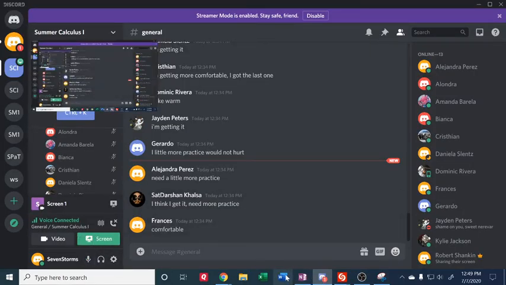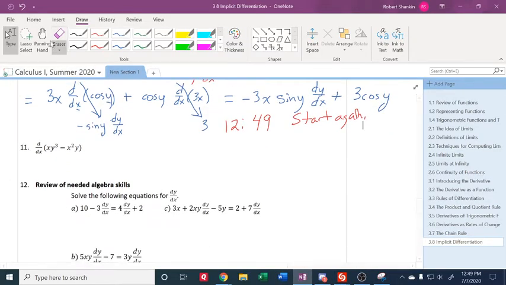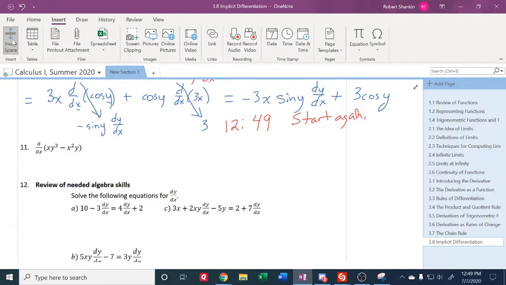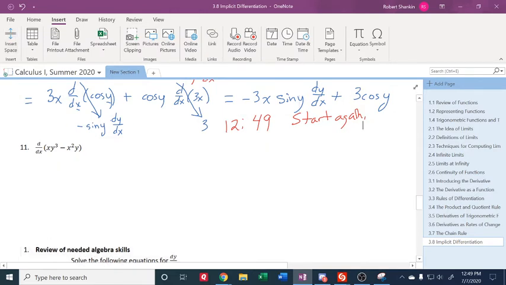All right, let's get started again. And we're going to go to number 11 now. And find the derivative, and it has x's and y's in it, and it's even more complicated. So I'm going to give you a minute with number 11.